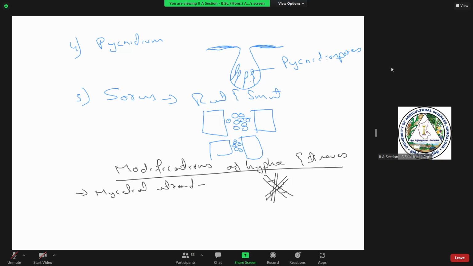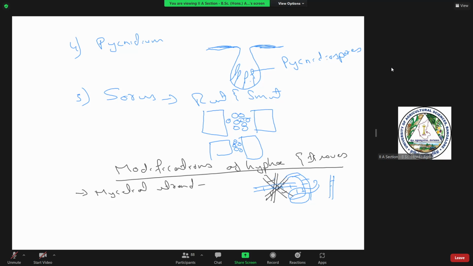If you look into these hyphae, they form a parallel aggregation where you cannot differentiate one hypha from another hypha. That is basically called a mycelial strand. They can be in parallel or they can be interwoven undifferentiated hyphae.